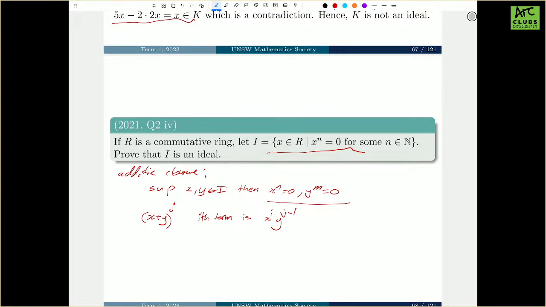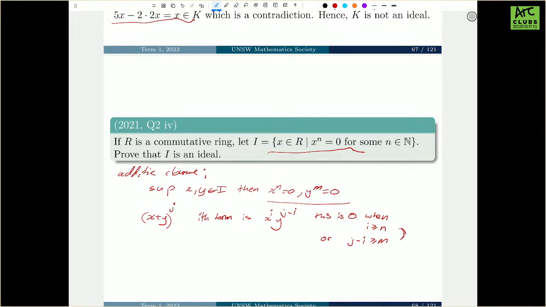So we know that this is 0 when i is greater than or equal to n. That makes sense, right? Because then we can split x to the i into x to the n times x to the i minus n. And this is also 0 when j minus i is greater than or equal to m. That would be this coefficient, this term is 0.